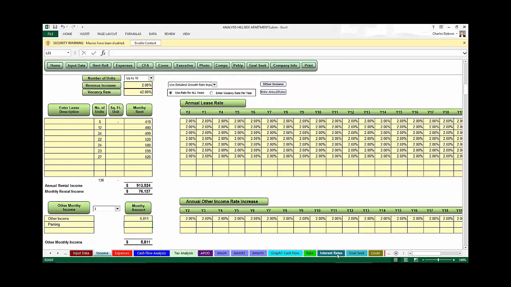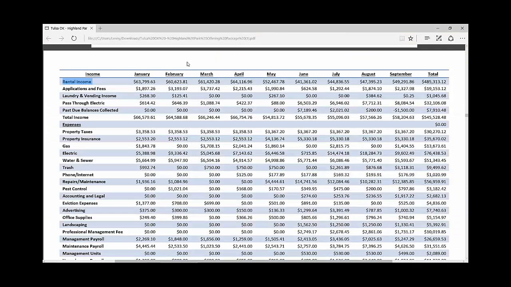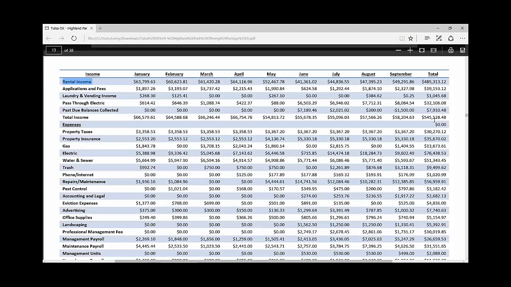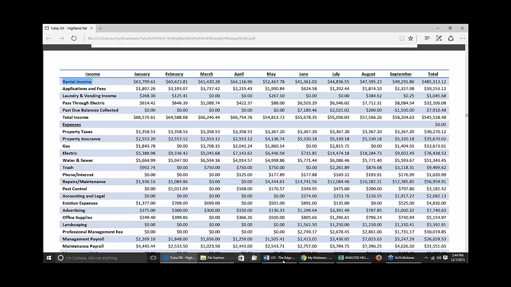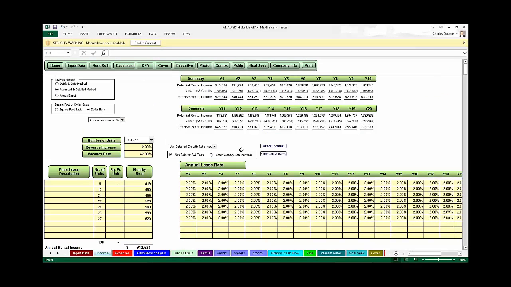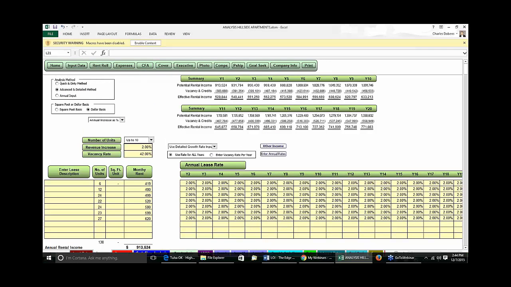Let's take a look and see how close we come to the total income. So if he says it's 545,528 divided by 9 times 12, that equals 727,000. What do we come up with in our number? Let's go down to cash flow analysis.